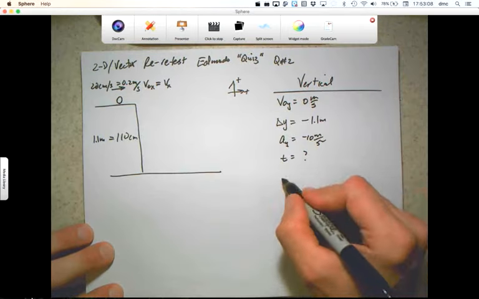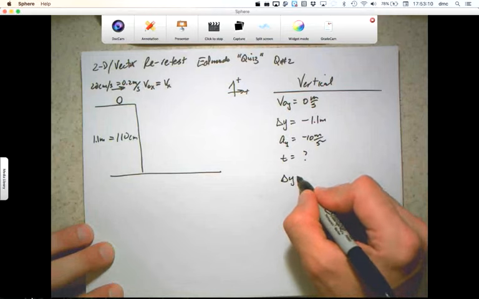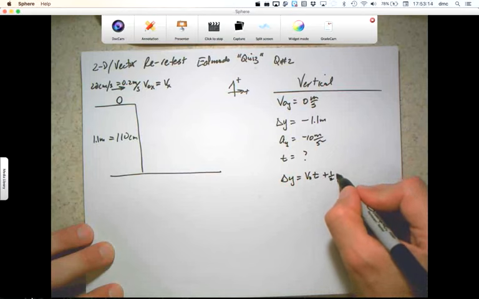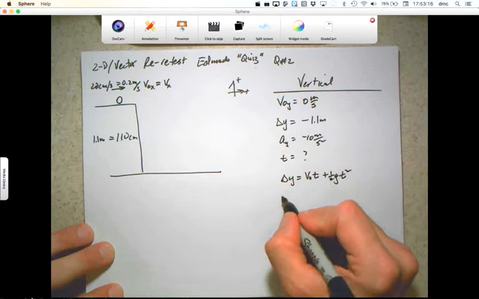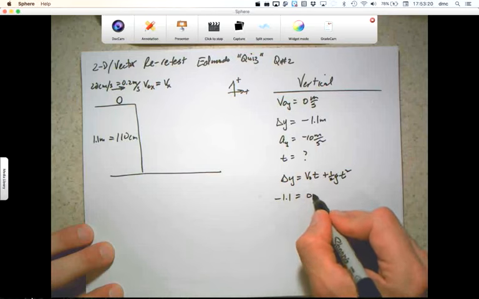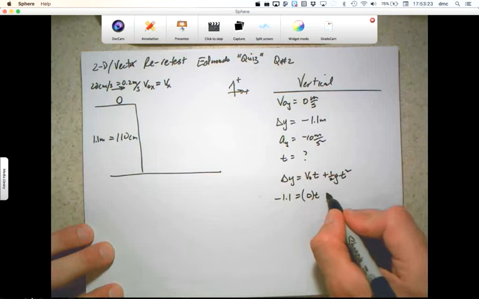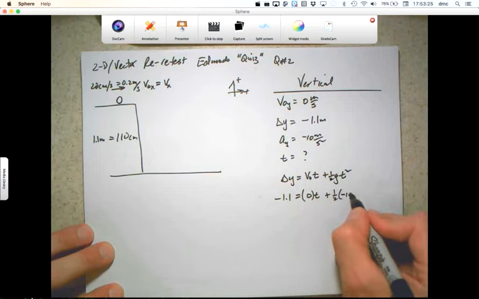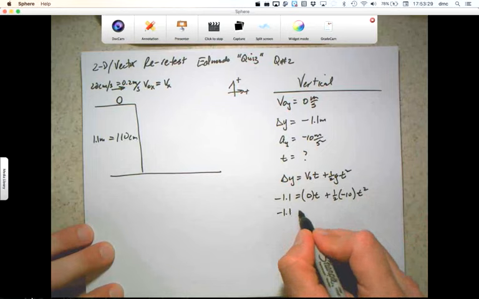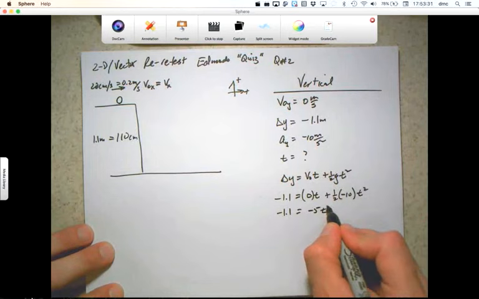Alrighty. So I'm going to use delta y equals initial velocity times time plus 1/2 the acceleration times time squared. So negative 1.1 equals 0 times t plus 1/2 of negative 10 times t squared. So negative 1.1 is equal to negative 5t squared.